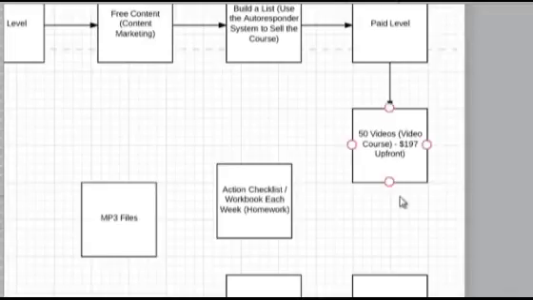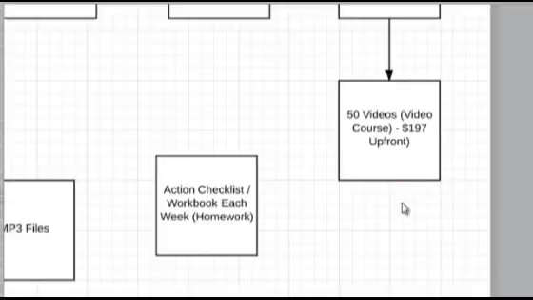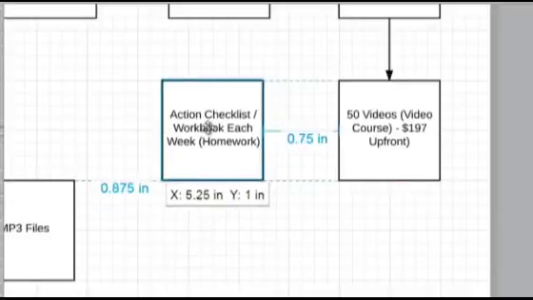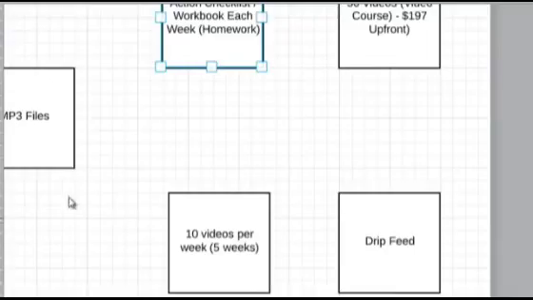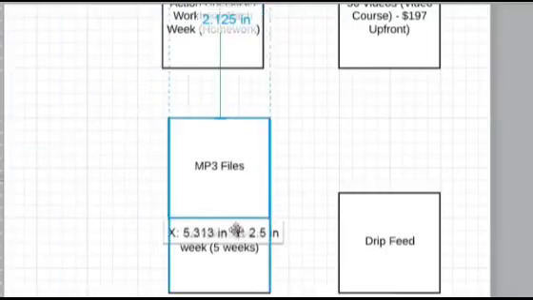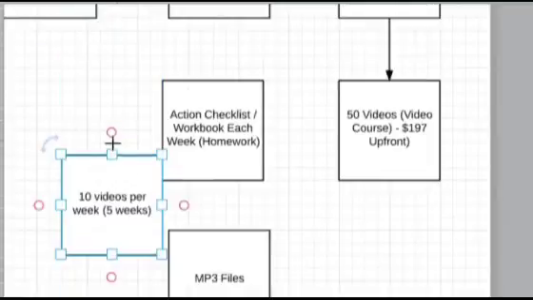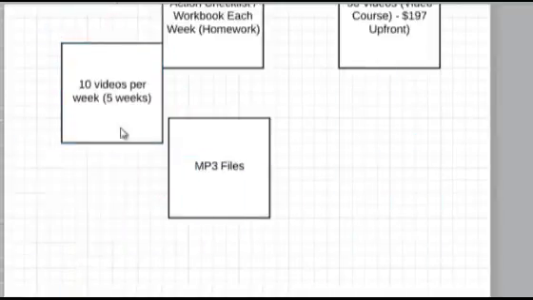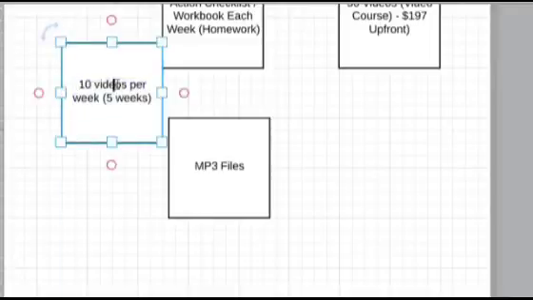Let me zoom in a bit so you can see it better. The way we're going to deliver it is via the action checklist and the MP3 files, and they're going to get it drip fed. I don't need this. I can consolidate it into here.